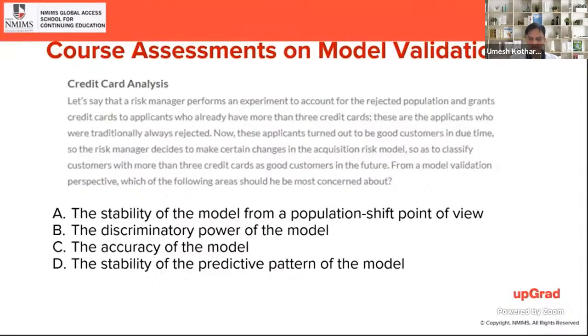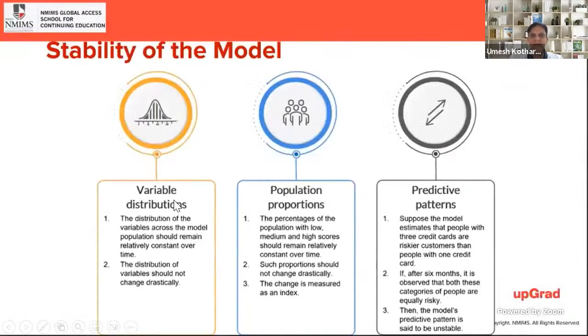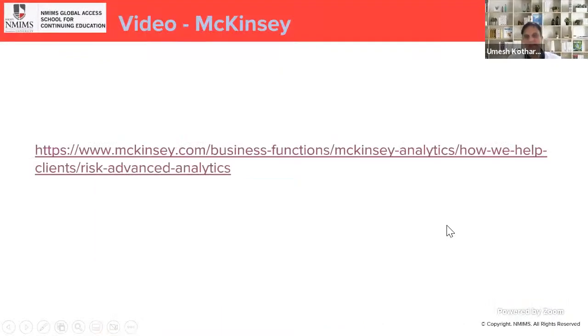Which of the following areas are you most concerned about? From a model perspective, is it variable, proportion, predictive?